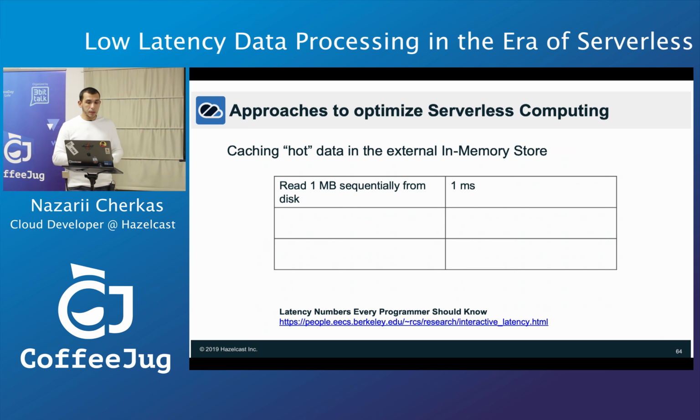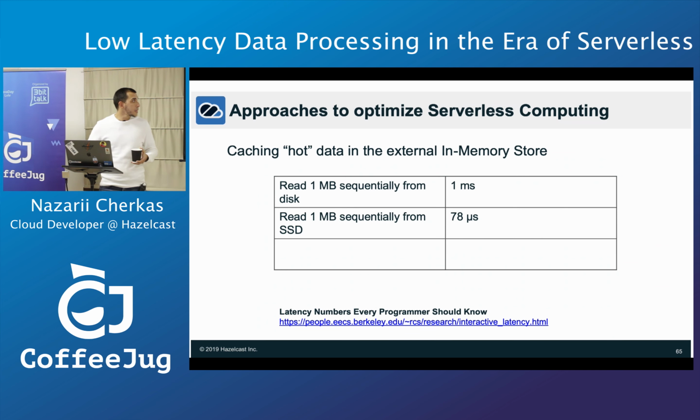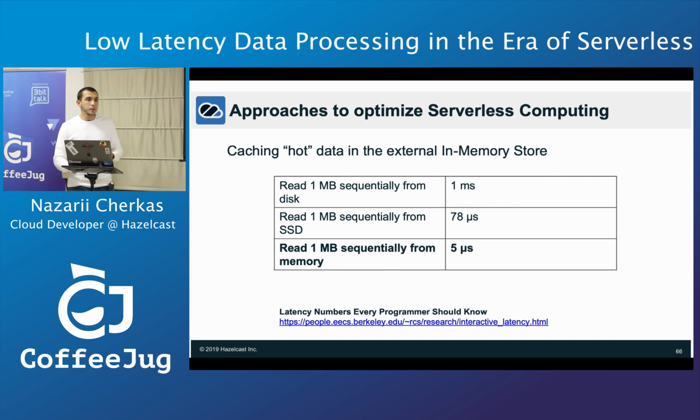And if you look there, you can see that a 1 megabyte sequential read from the disk is around 1 millisecond. One sequential read from SSD is 78 microseconds. And a 1 megabyte read directly from memory is about 5 microseconds. So those numbers speak for themselves.